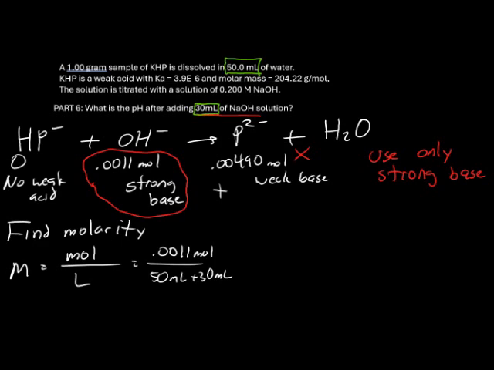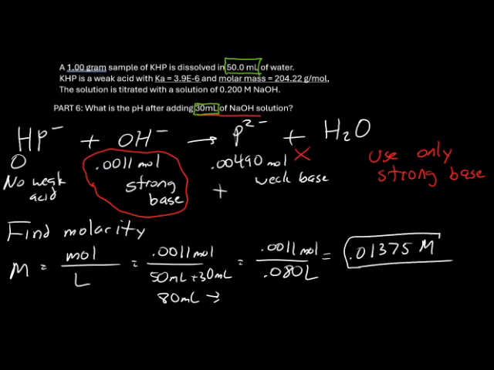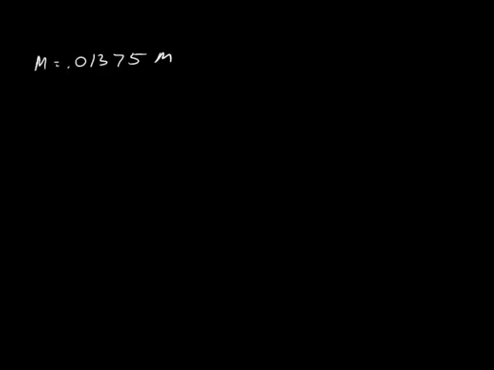If we take 50 plus 30 milliliters, we'll have 80 milliliters. But we must write this in terms of liters, not milliliters, and we'll have 0.080 liters. We'll take our moles divided by those liters and put that in a calculator. When we do so, we'll end up with 0.01375 molarity.